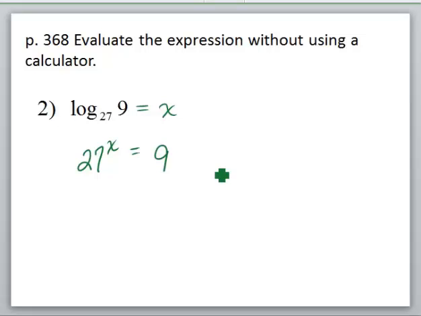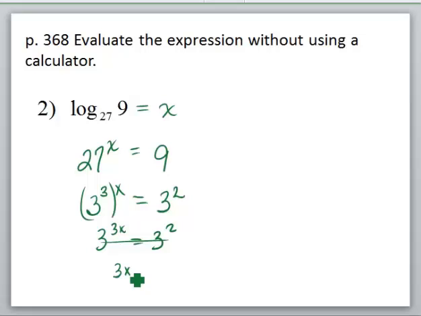Now, how can I solve this without using a calculator? Well, I need to put equal bases on both sides. So this would be really 3 to the third power to the x power, and this would be 3 to the second power. So I have 3 to the 3x, and I have 3 to the second. That really means I can cross out my bases and just solve this simple equation. 3x equals 2, and I get the answer x equals 2/3.